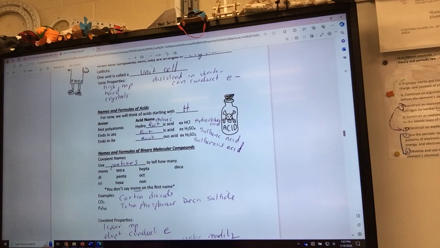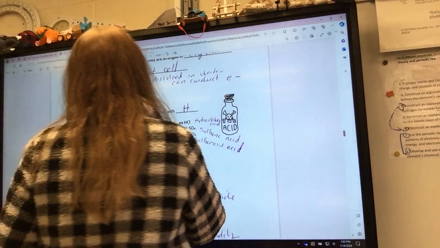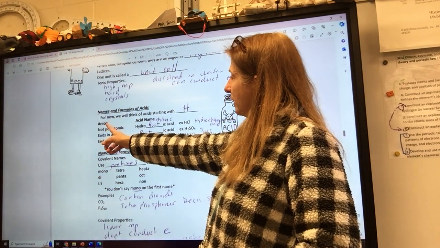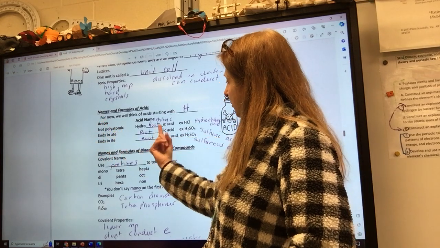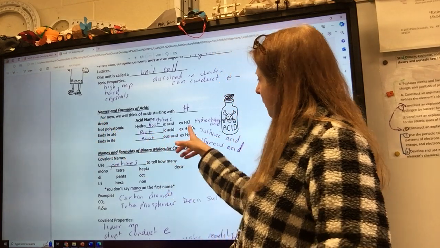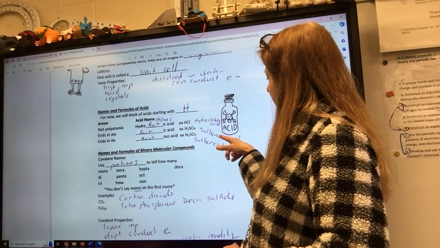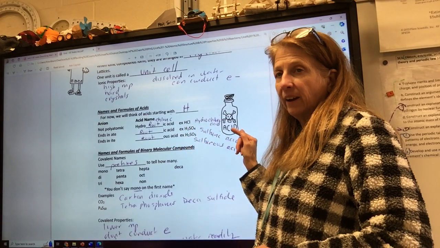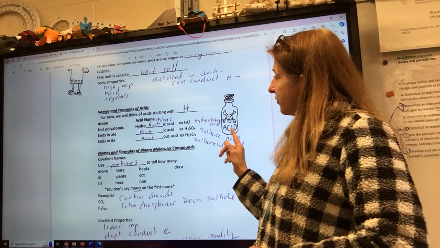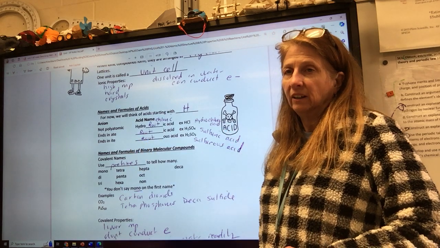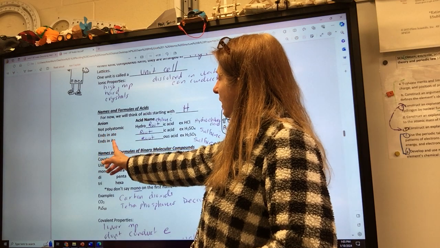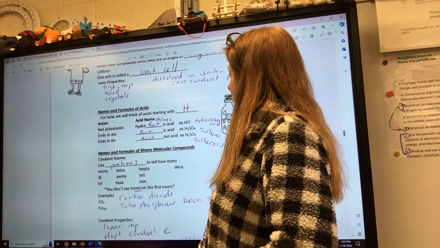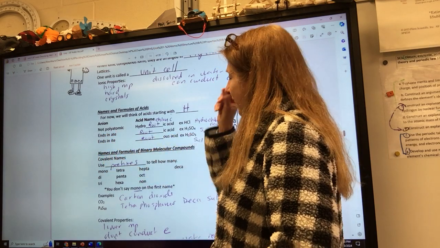Okay. All right. So if it's polyatomic and the anion ends in ate, then it's going to be the root, ic acid. So H2SO4 is sulfuric acid because it's the sulfate ion. And then if the polyatomic ion ends in ite, then it's the root, ous. I say ous.